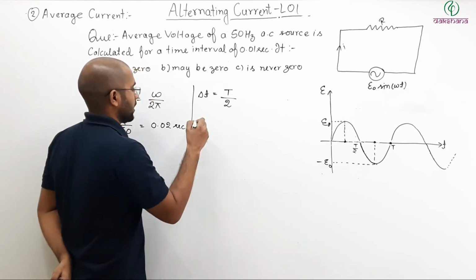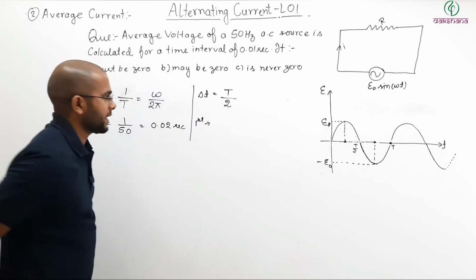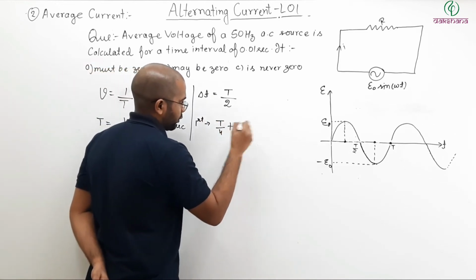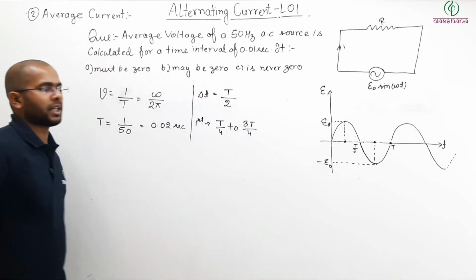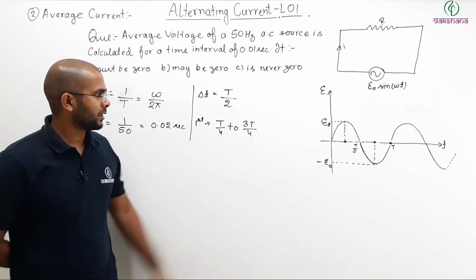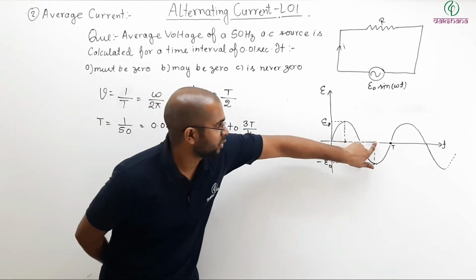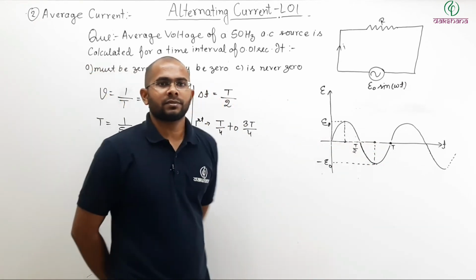Let us take the first example. I take from t by 4 to 3t by 4. What is delta t in this case? T by 2. That is your delta t. So from here to here, t by 2 delta t, that will be 0 average.